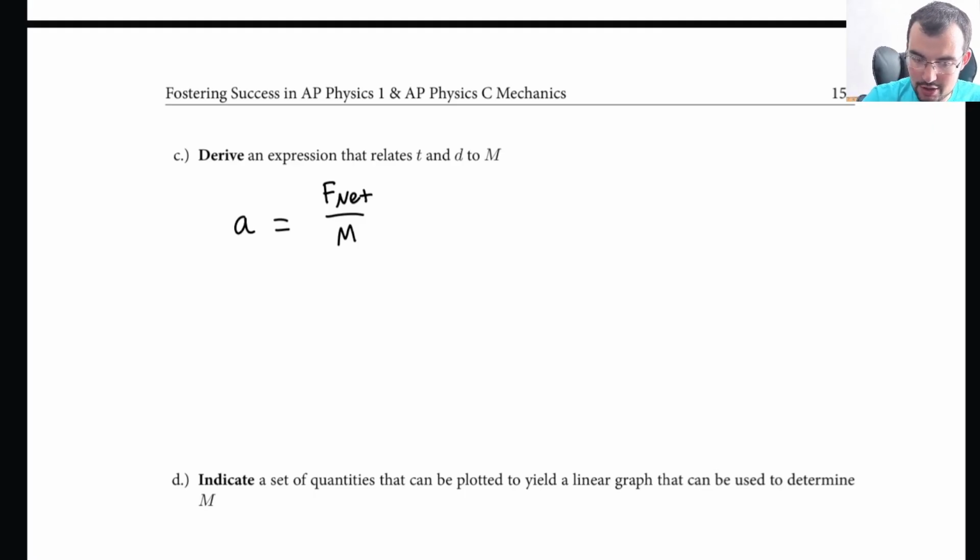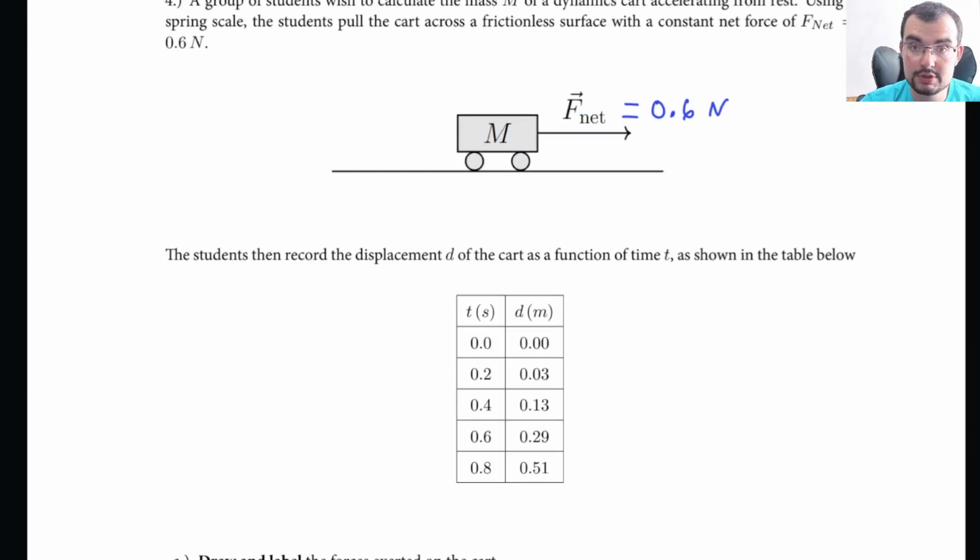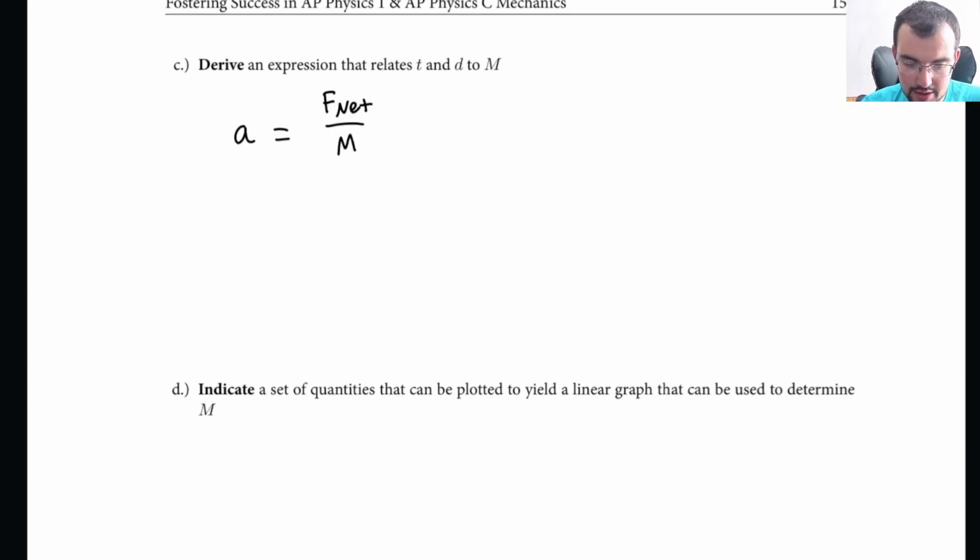Again, F net is known, so this can show up anywhere in my equation, because at the end we're just going to plug in 0.6 newtons for this object. So the key here is that we have no acceleration data. We're only given d and t. So that means we just need an equation that involves d and t that we can get rid of the a in. And we did say that once you have acceleration, it's kinematics time.